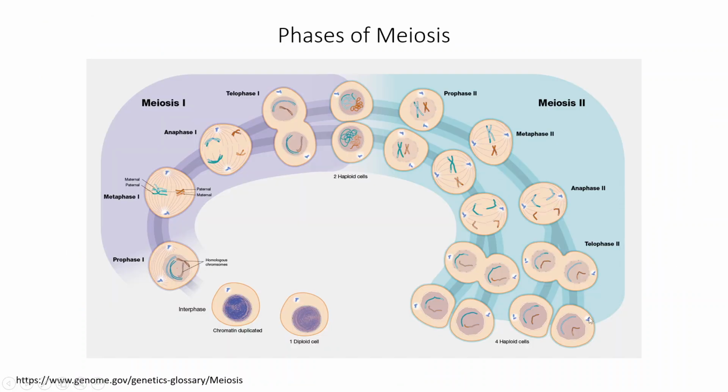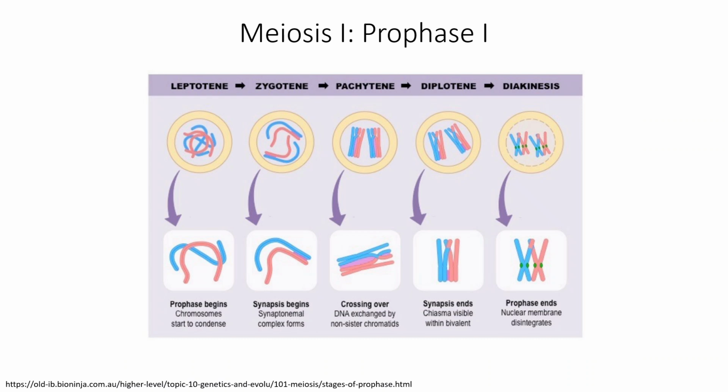Okay. So I mentioned the phases of meiosis earlier. I'll go into detail now, particularly in meiosis 1. Starting with meiosis 1, the first major phase, after we have moved ahead from G2 into prophase, is prophase 1.